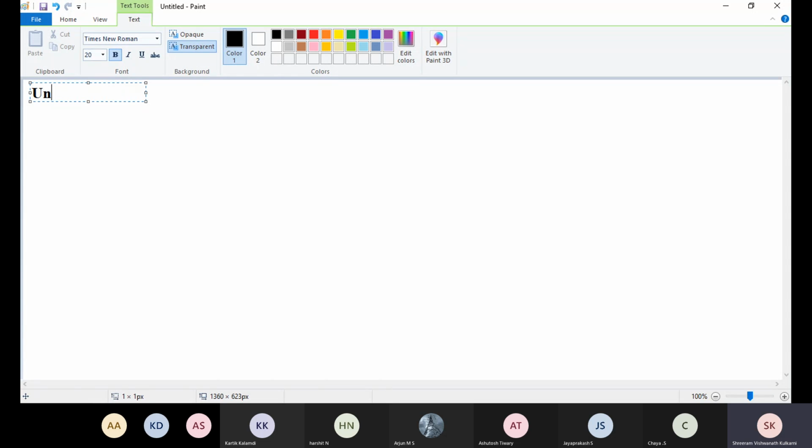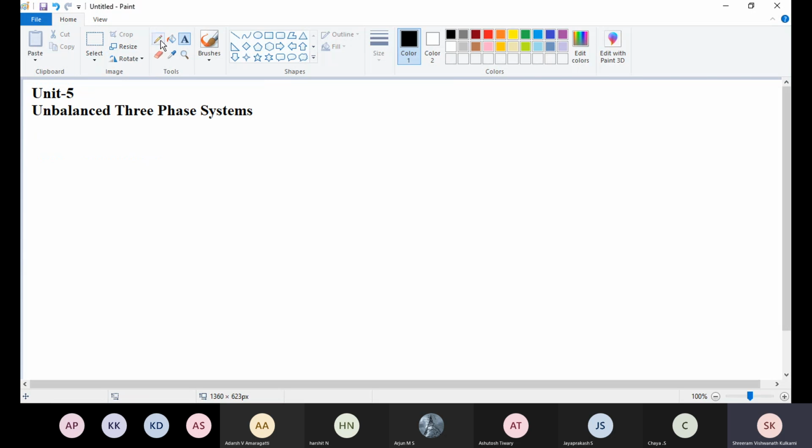Today we'll start a new unit, that is Unit 5, Unbalanced three-phase systems. We already studied balanced three-phase systems, star and delta networks, in basic electrical engineering.